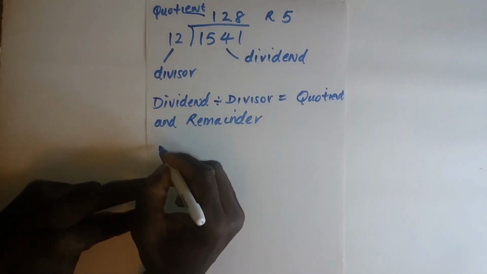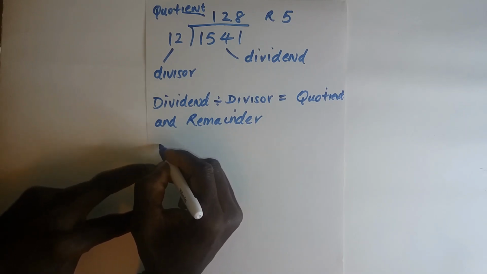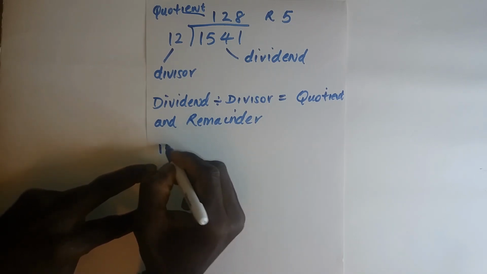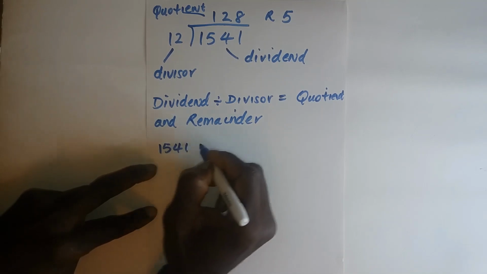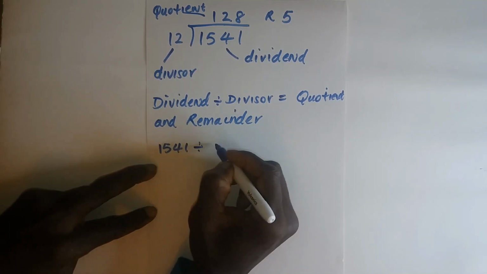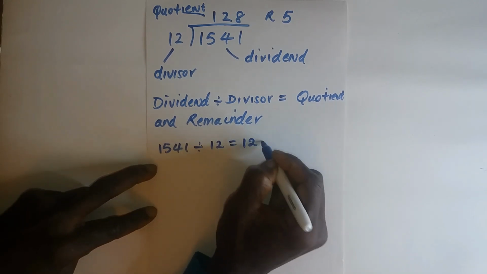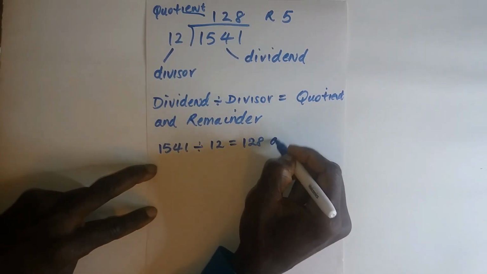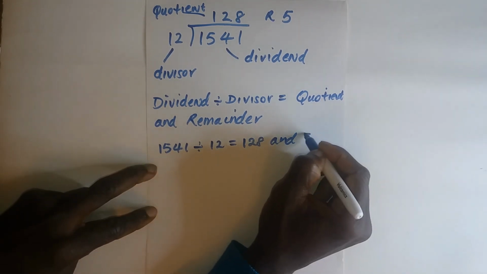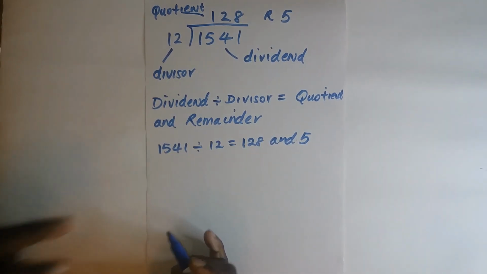And if we write that in terms of numbers, the dividend is 1541 divided by 12 is equal to 128 and 5 as the remainder.